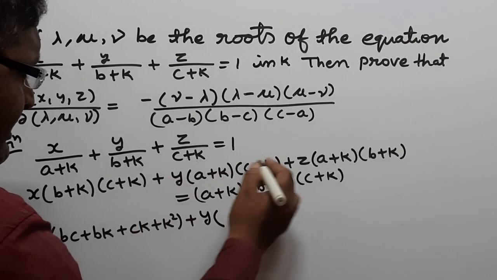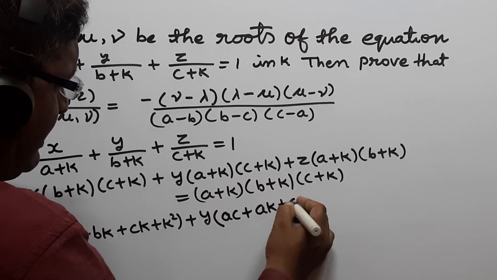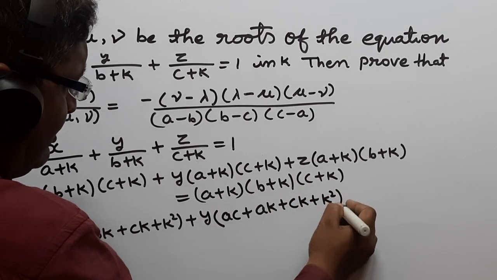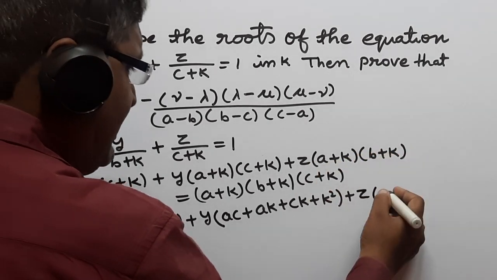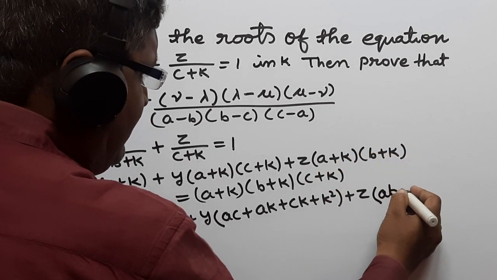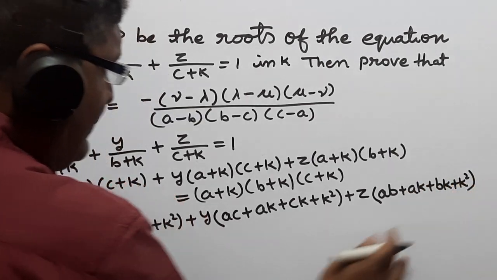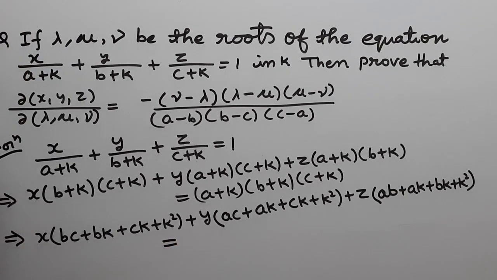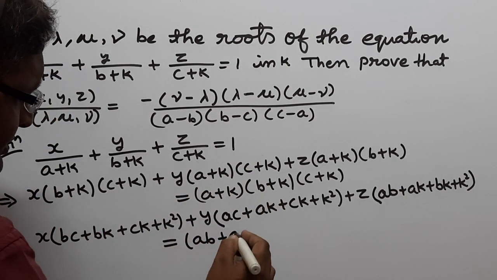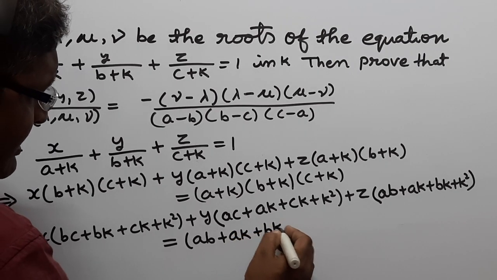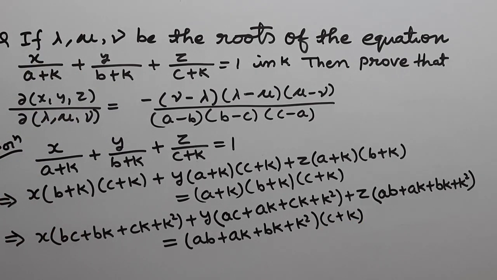Similarly, (a plus k)(c plus k) is ac plus ak plus ck plus k square, plus z times (a plus k)(b plus k), which is ab plus ak plus bk plus k square. Now on the right hand side, first we multiply a plus k by b plus k, so we get ab plus ak plus bk plus k square, and then multiply by c plus k.